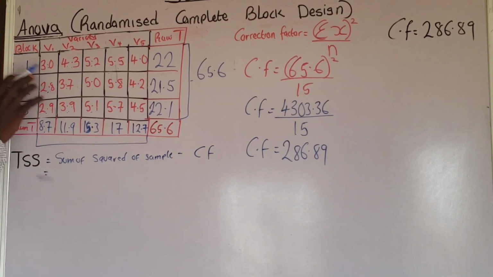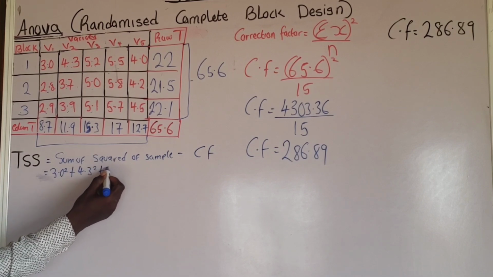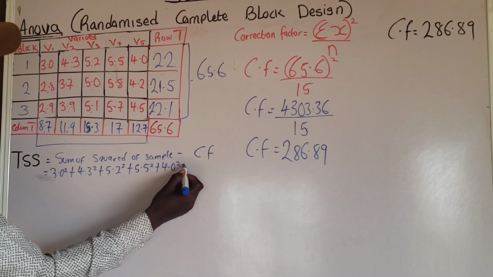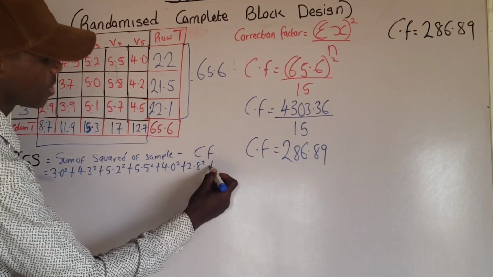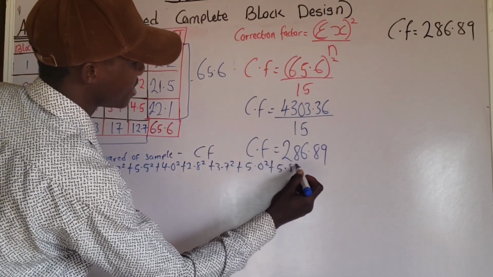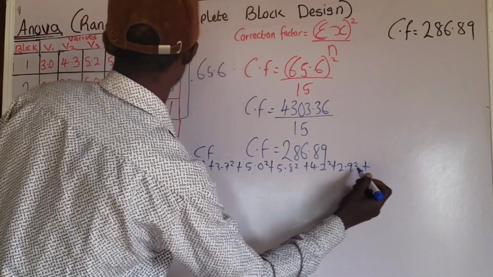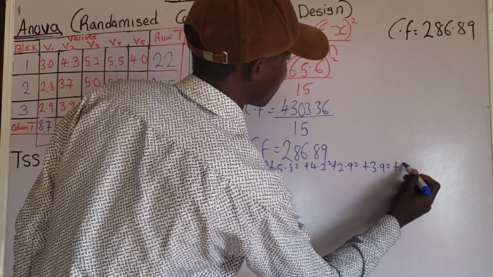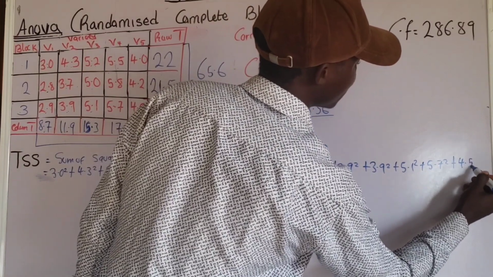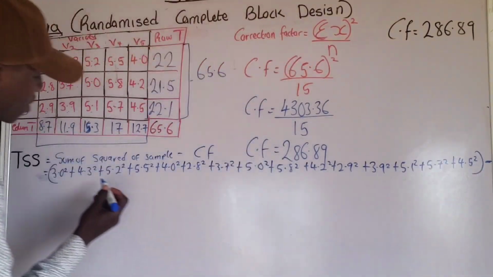Let's start. We are going to take it one by one and square it. 3.0 squared plus 4.3 squared plus 5.2 squared plus 5.5 squared plus 4.0 squared plus 2.8 squared plus 3.7 squared plus 5.0 squared plus 5.8 squared plus 4.2 squared plus 2.9 squared plus 3.9 squared plus 5.1 squared plus 5.7 squared plus 4.5 squared minus the correction factor.